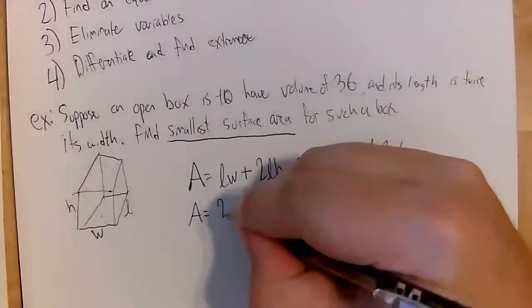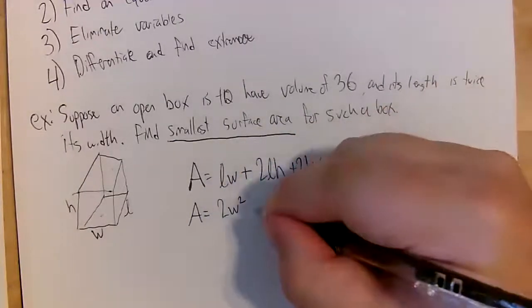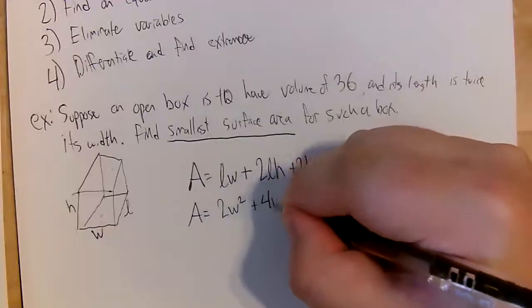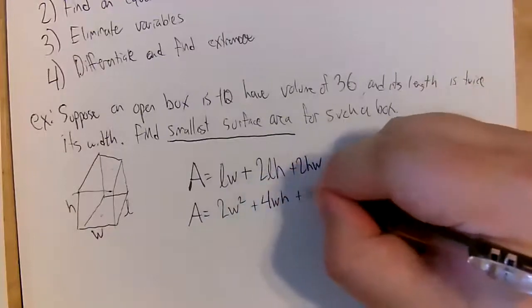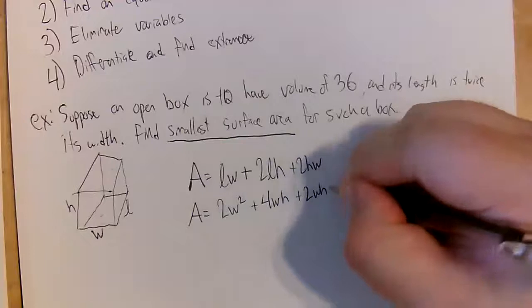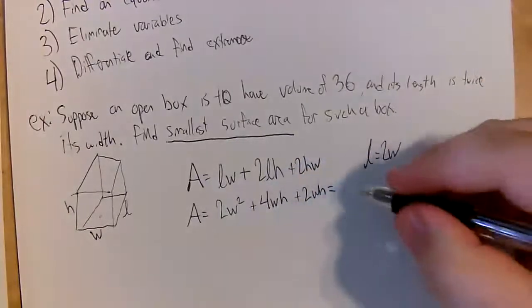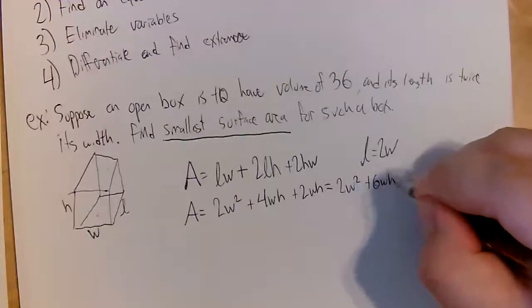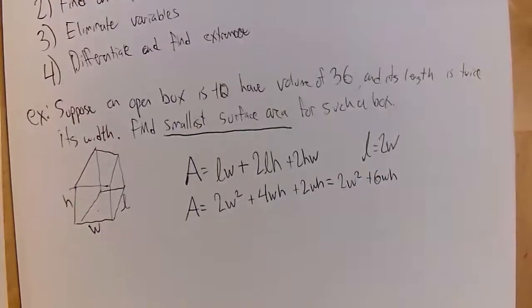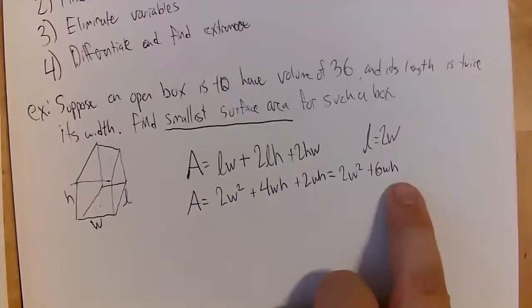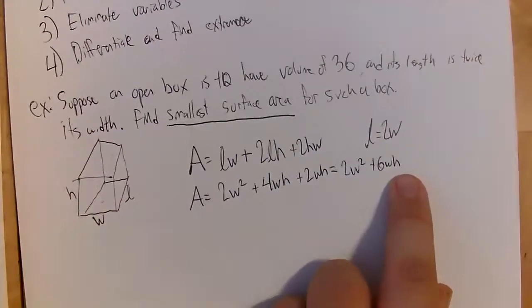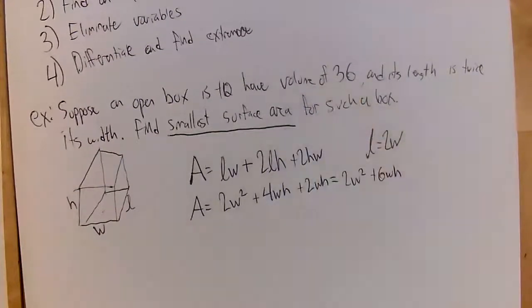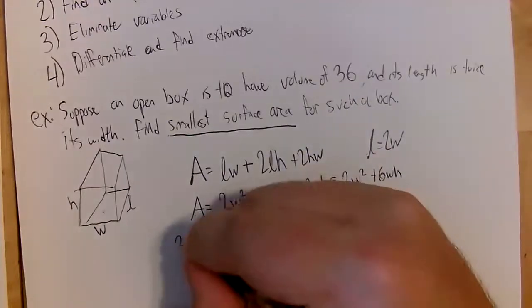So doing that, I end up with 2W squared plus 4WH plus 2WH. And I can simplify this, of course. This is 2W squared plus 6WH. All right, well, that's all well and good, but the problem is we still have this H right here. So we need to use our other piece of information. We know that the volume of this box is supposed to be 36.